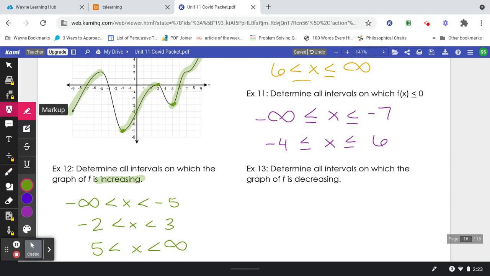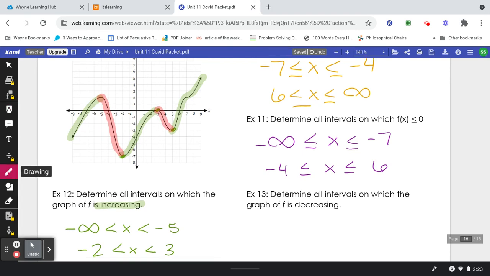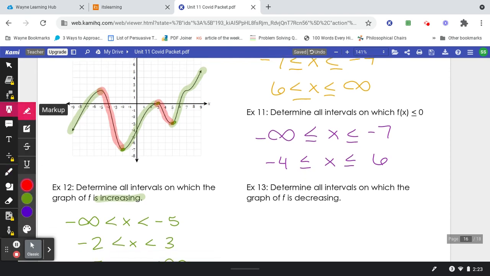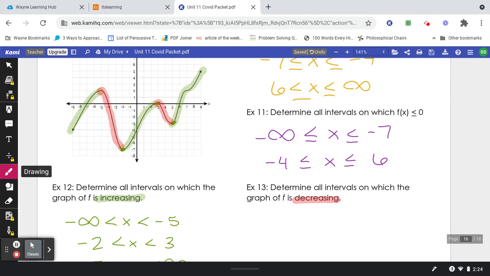All right, then we've got our decreasing sections. So decreasing would be here as well as here. All right, so that would be negative 5 to negative 2. And from 3 until 5.